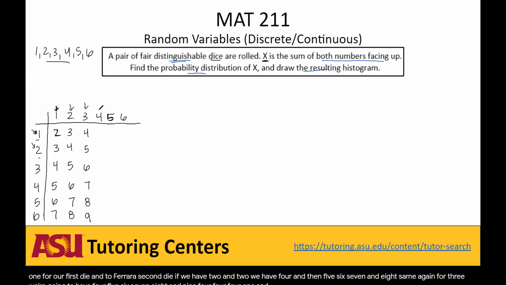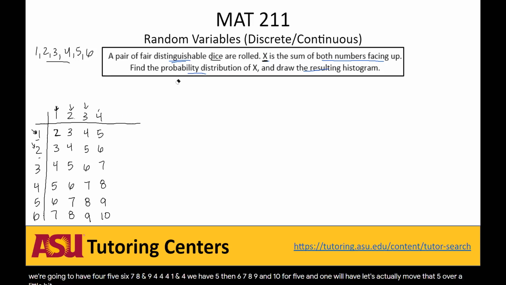For 1 and 4, we have 5, then 6, 7, 8, 9, and 10. For 5 and 1, let's actually move that 5 over a little bit, running out of room here. There we go. So for 5 and 1, we'll have 6.